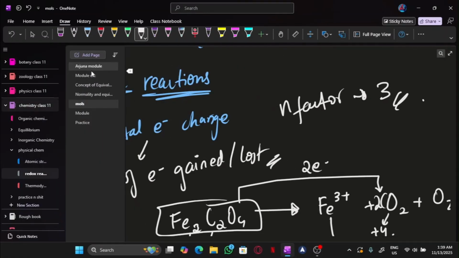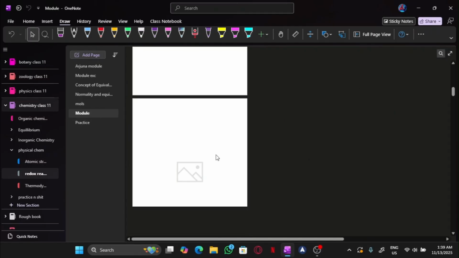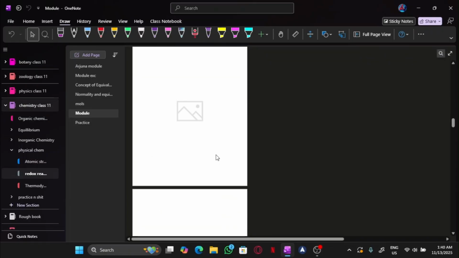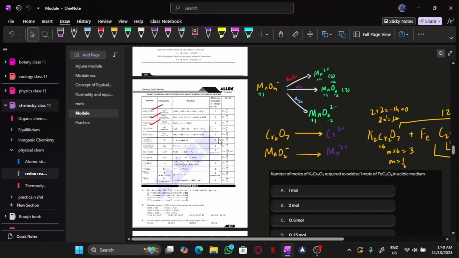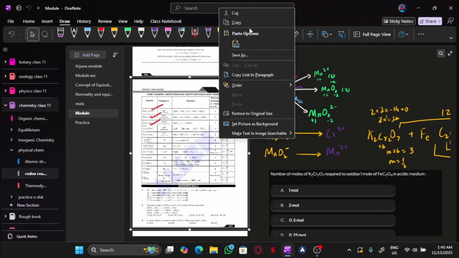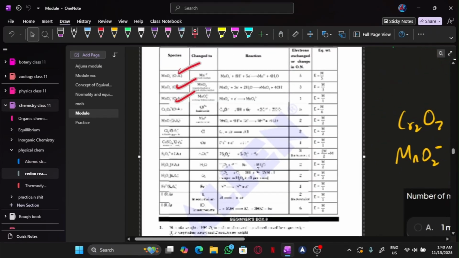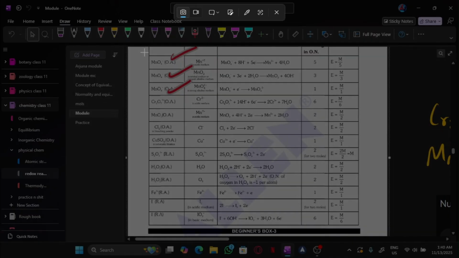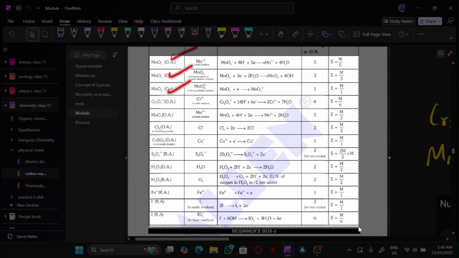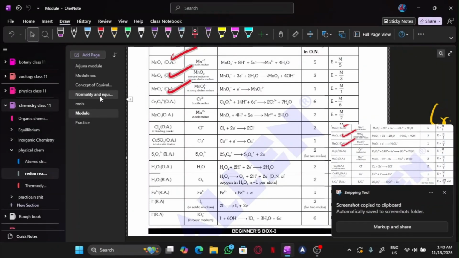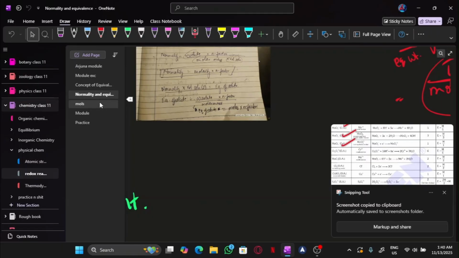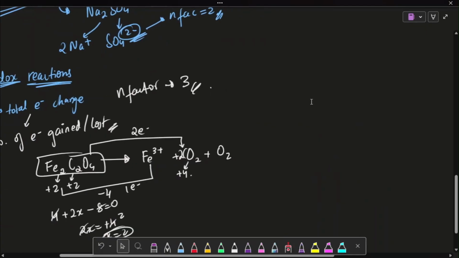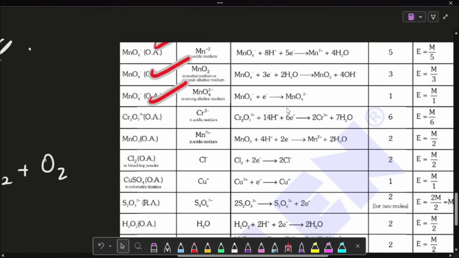And now I have a table over here. Make sure to memorize this table.